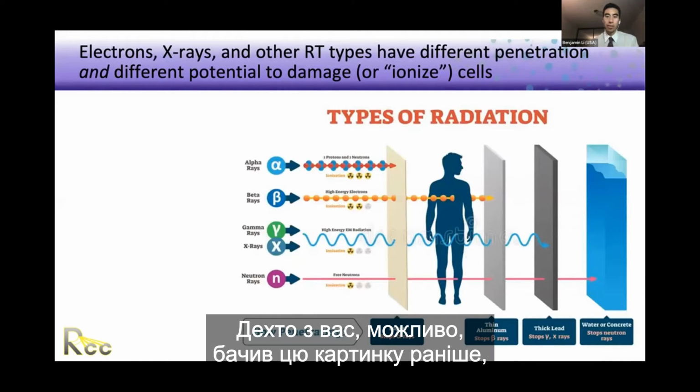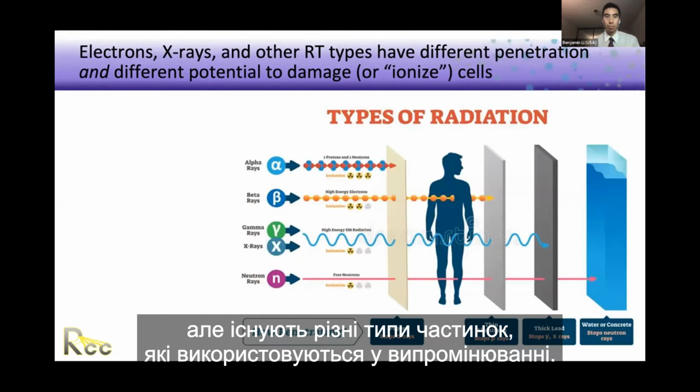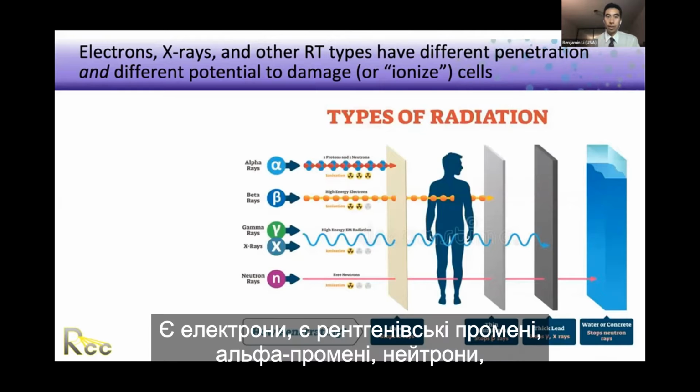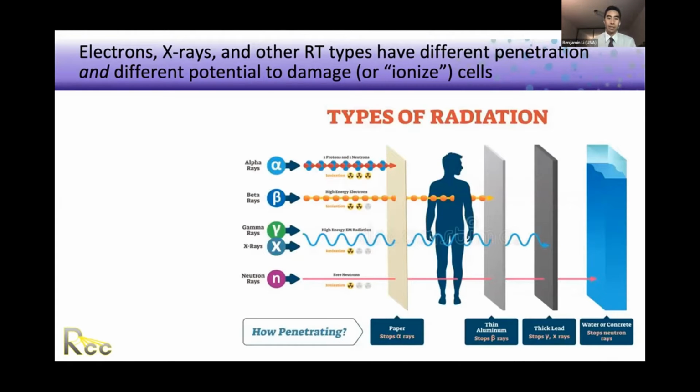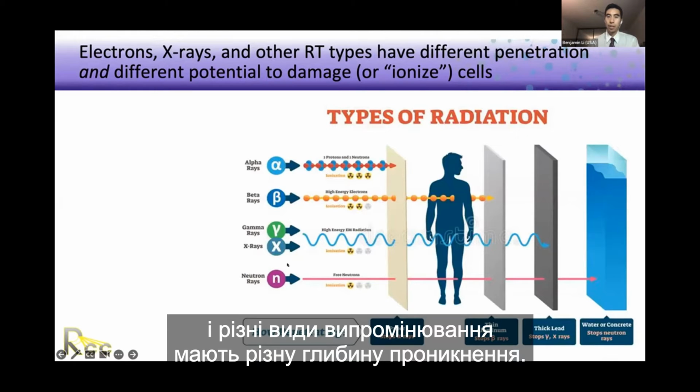Some of you may have seen this picture before, but there are different kinds of particles that are used in radiation. There's electrons, there's X-rays, alpha rays, neutrons, protons, and the different kinds of radiation have different penetrations.